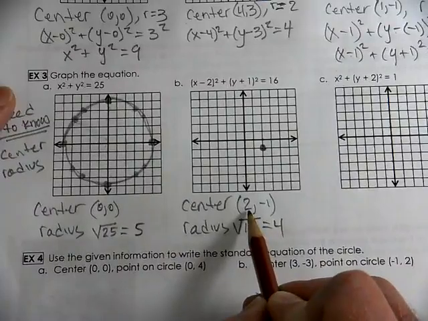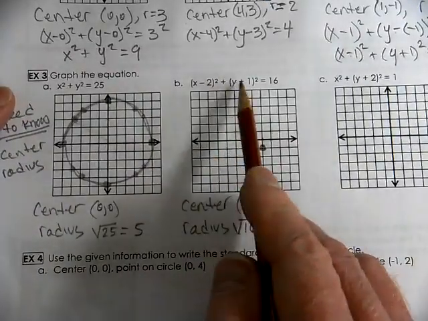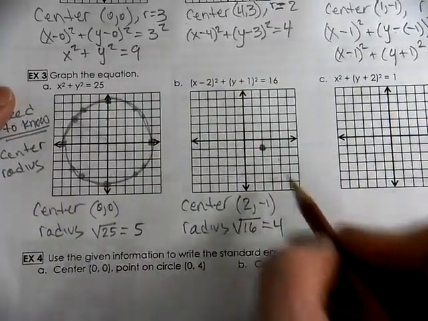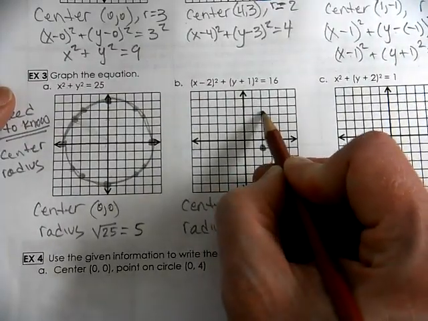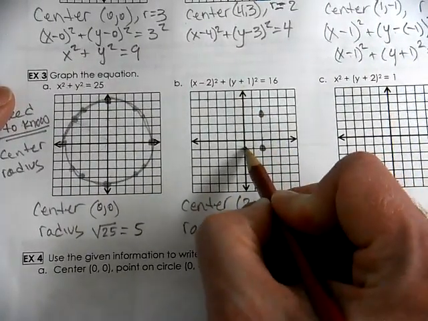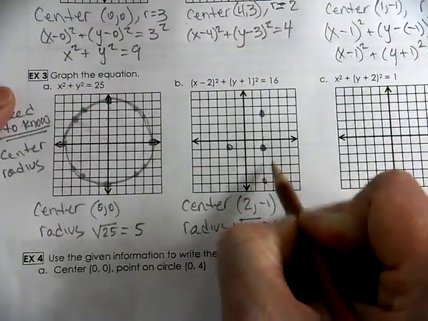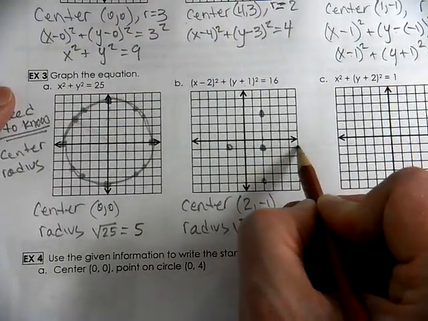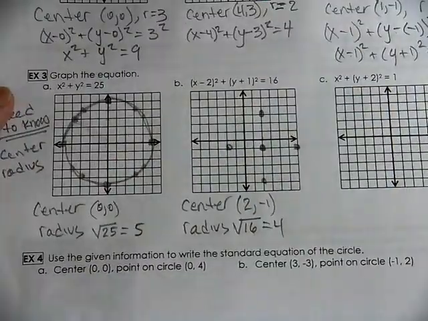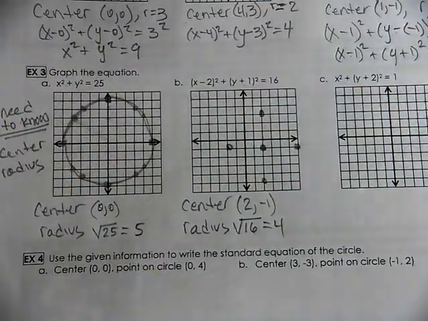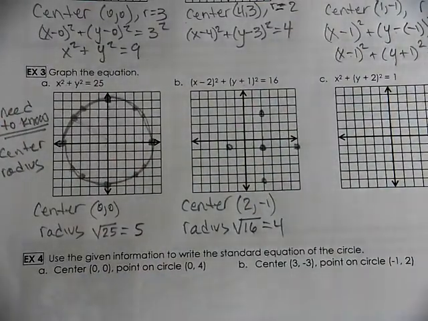Remember, it's the opposite. And then you go a radius of 4 up, 4 left, 4 down, 4 to the right. Now finding extra points along this is a little trickier.